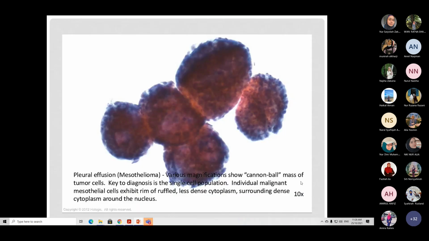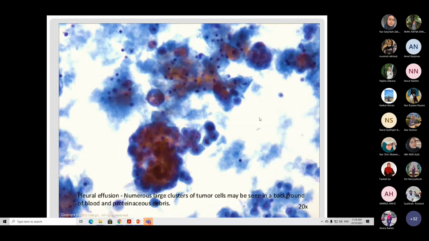This is an example image of malignant mesothelioma from pleural effusion. Again, this is another example of malignant mesothelioma from pleural effusion. See a large cluster.